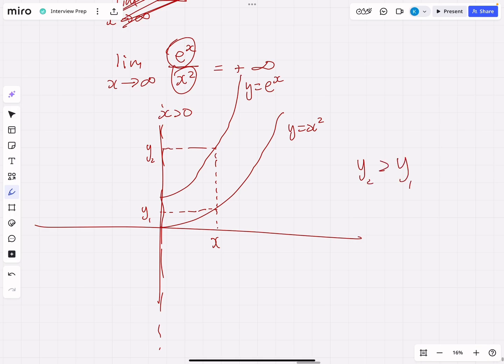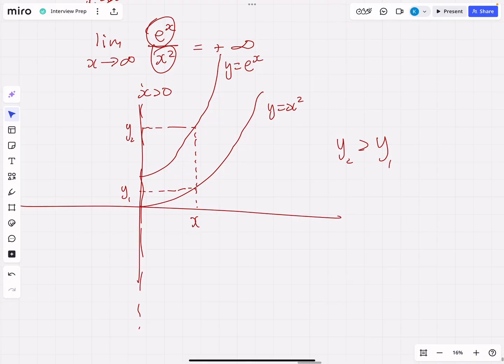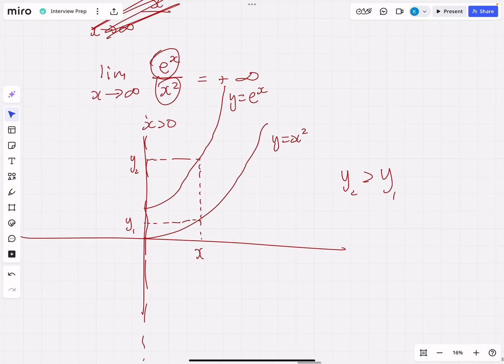And so because e to the x is always greater than x squared, at least for x greater than 0, when we approach the limit of e to the x over x squared, as x tends to positive infinity, the contribution of e to the x is much, much greater than x squared.